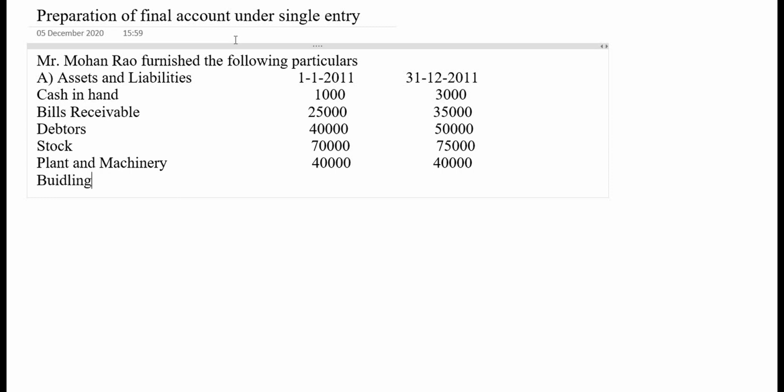Building 60,000, building 60,000. Creditors rupees 36,000, 40,000.